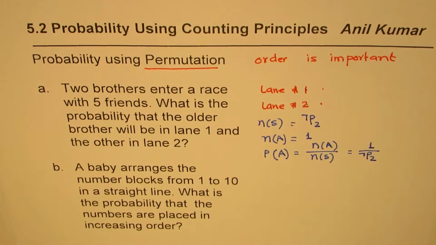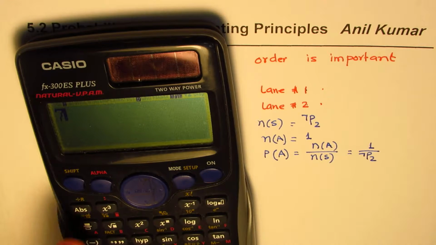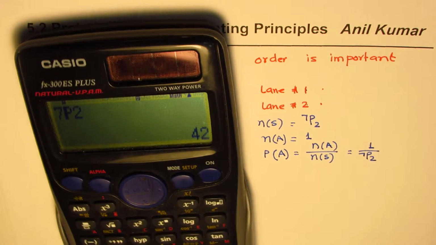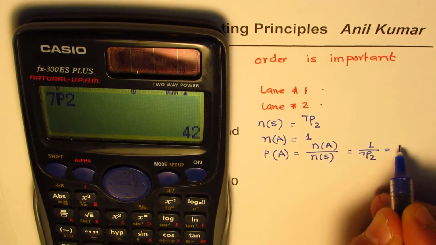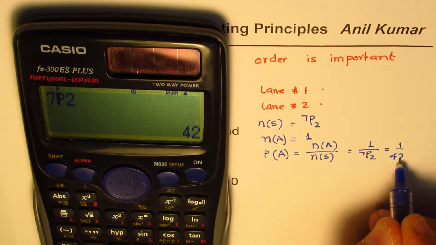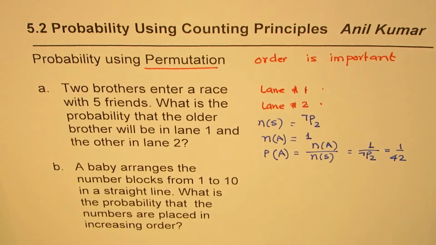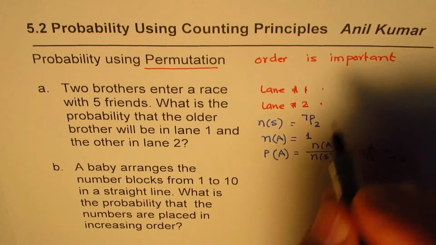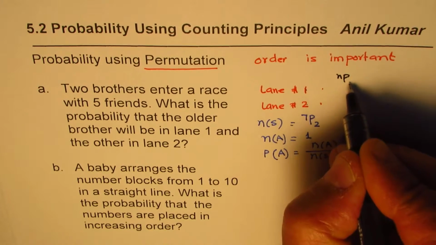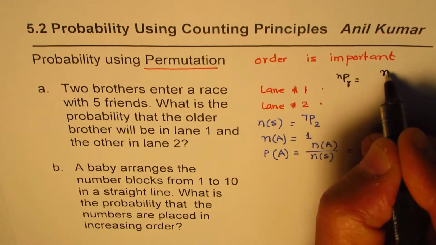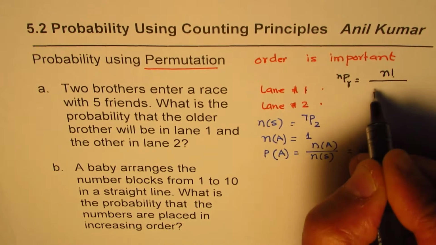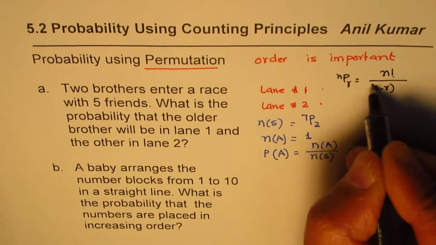We can always use the calculator to find the value. 7P2 equals 42. So we get the answer as 1 over 42. Those of you who do not have a scientific calculator can use the formula for nPr. We know nPr is equal to n factorial divided by (n minus r) factorial.